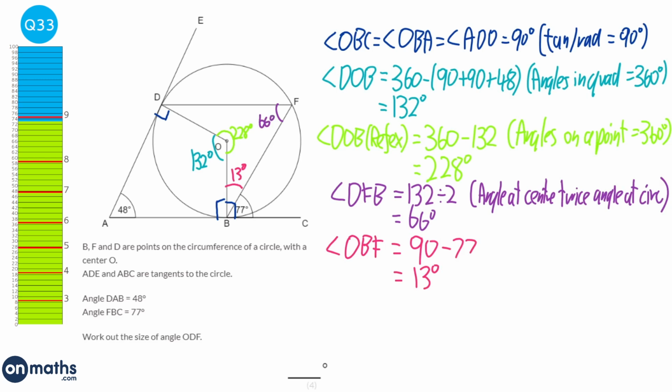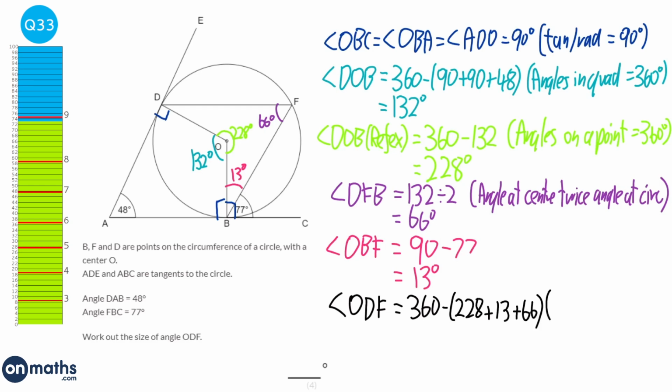And the final thing really here is that we've got a quadrilateral here, kind of arrowhead. And we've got three of the angles, 1, 2, 3, and we're looking for the third one. So angle ODF is going to be 360, take away all the angles that we know, so the 228, the 13, and the 66.